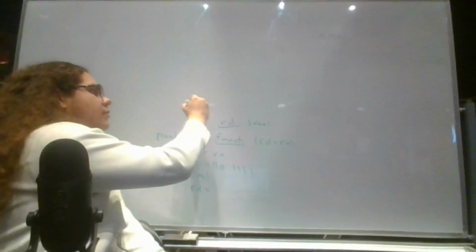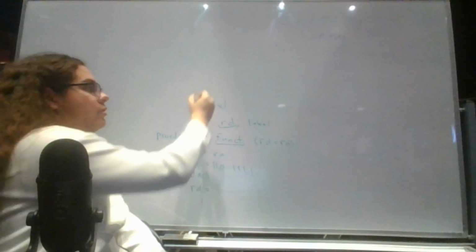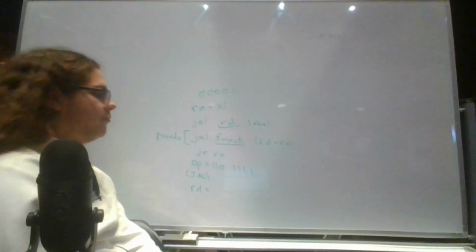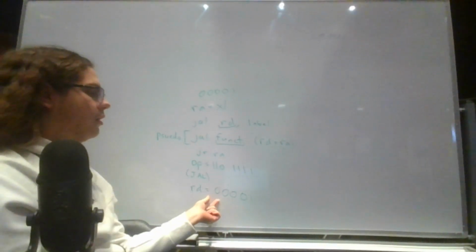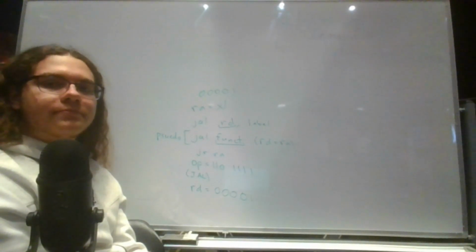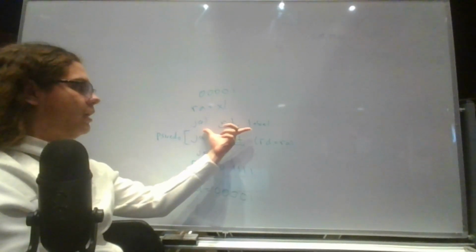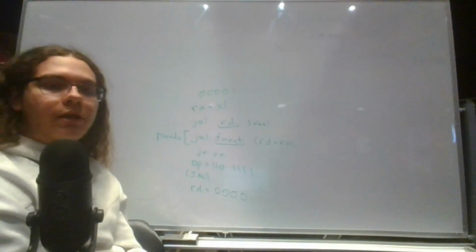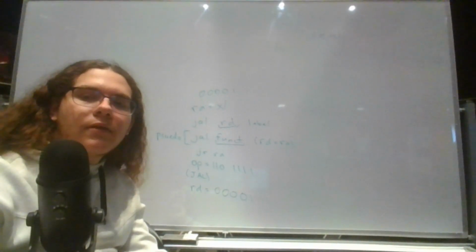So RA is register 1, which corresponds to the binary encoding all zeros followed by a 1, because it's 5 bits. So in the case of the pseudo instruction, RD is always going to be all zeros followed by a 1. But if we were doing JAL with some other register, we'd change that to whatever that register encoding is. Sound good? Yes. Okay.